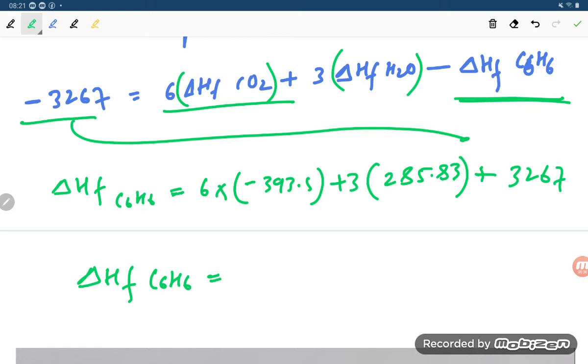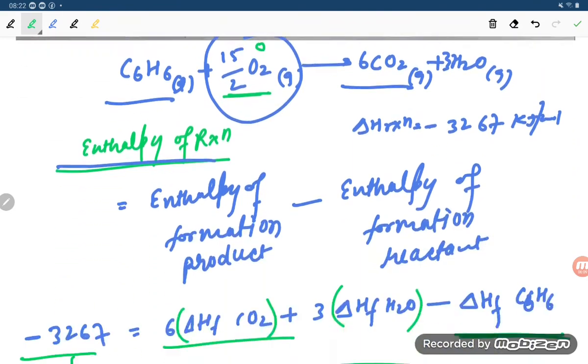So let us solve. We need to multiply this out. 6 multiplied by 393.5 comes to 2361, negative 2361. Again, the sign for water is also negative.